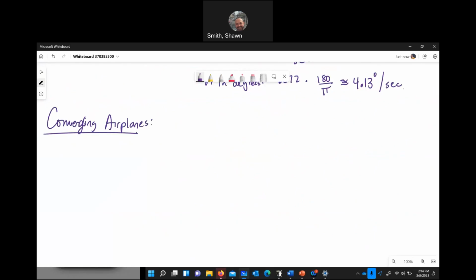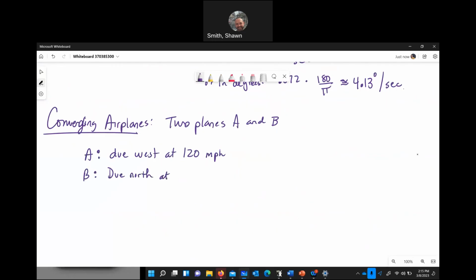All right, two planes, let's call them A and B. A is going due west at 120 miles an hour, and B is going due north at 150 miles per hour.